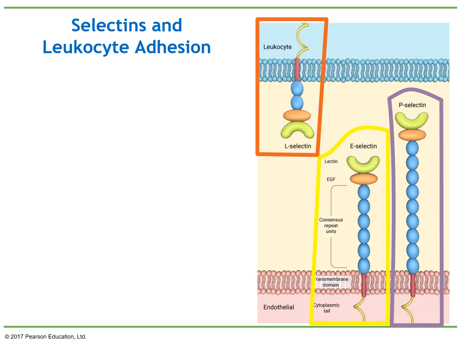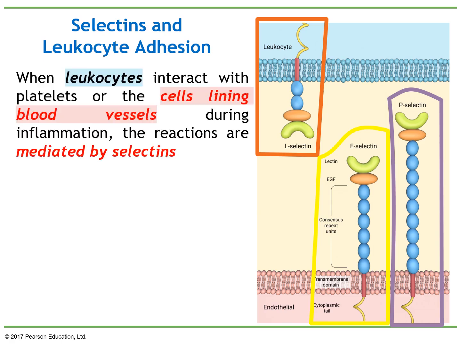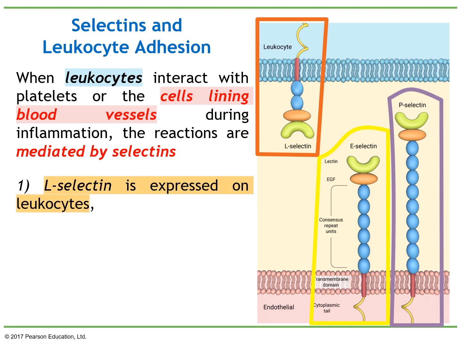I know it sounds crazy, but you will see it in a second. It's amazing, and I was going to show you a video of how the leukocytes are able to go through the membranes. But let me show you just the adhesion. Here you have the leukocytes that interact with the lining of the vessels, and this is mediated by selectins. You have these L-selectins, remember, for the leukocytes, and the P-selectin for this type of cells.